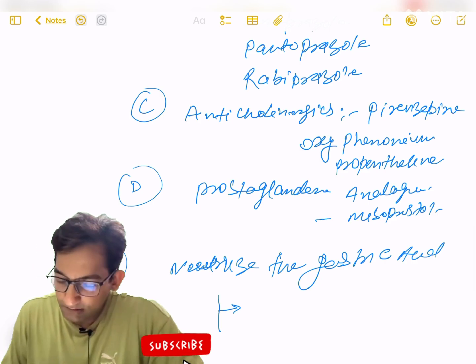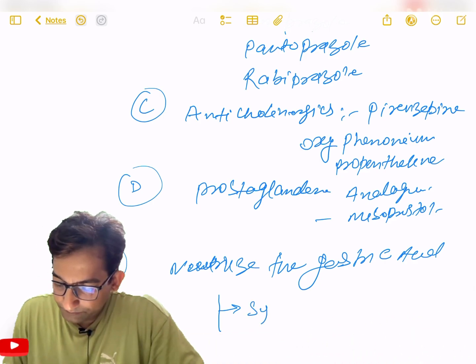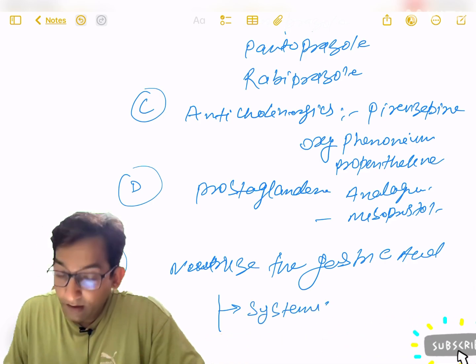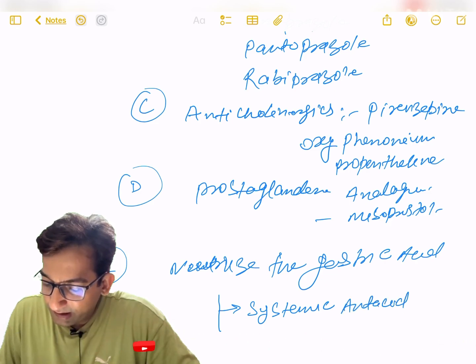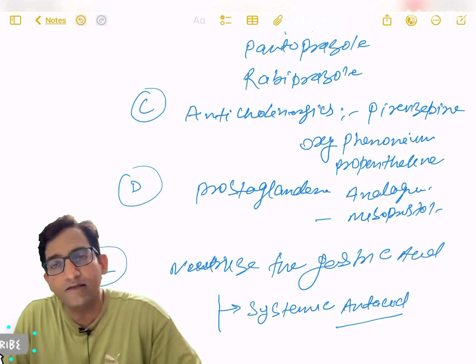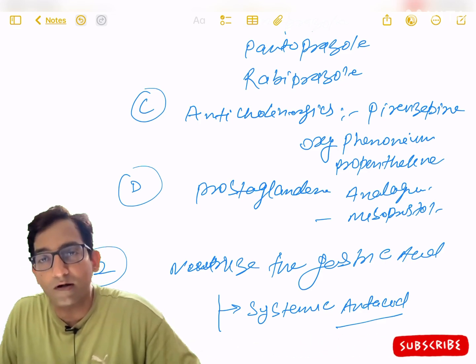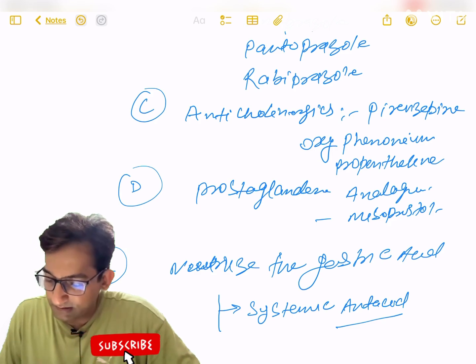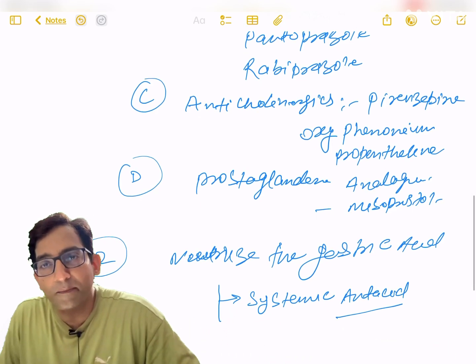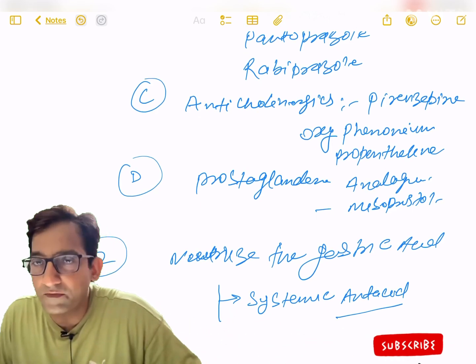The first one is systemic antacids. It is clear from the name. What do I mean by antacid? Antacid means anti-acid, to counter the acid. These are basic in nature, and they neutralize the acid and form a salt.